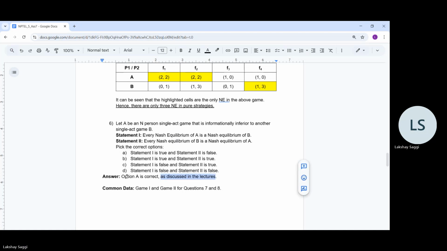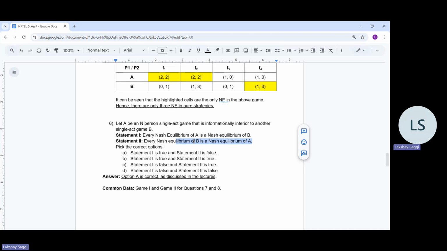But note one important property: although not every Nash equilibrium of the informationally superior game is a Nash equilibrium of the inferior game, any Nash equilibrium of the superior game which can be implemented in the inferior game also is. What do we mean by a Nash equilibrium of the superior game B? It corresponds to a set of strategies, and strategies are just functions here.